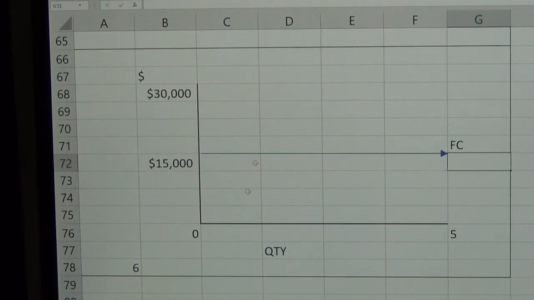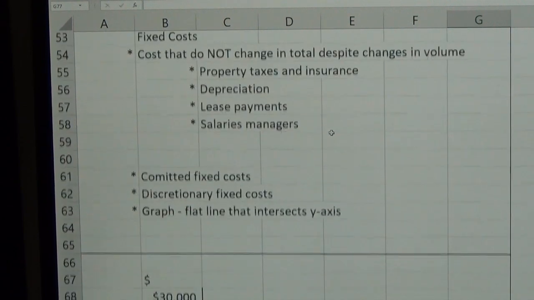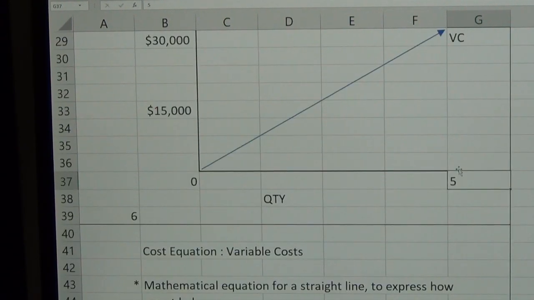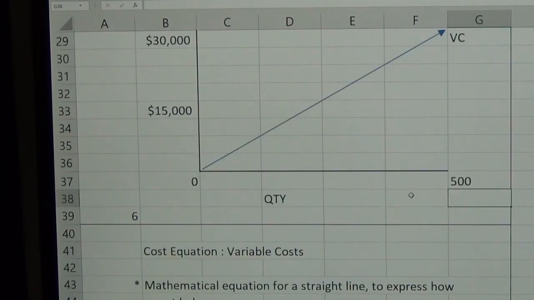Your volumes go up, even if you go from 0 to 5, let's say this is more like 500 now. Maybe 5,000? Anyway, it doesn't really matter. Whatever those volumes are, even if they move up, your cost is going to remain the same. If I go back up and change this to 500, that brings a little more light to it. Okay?